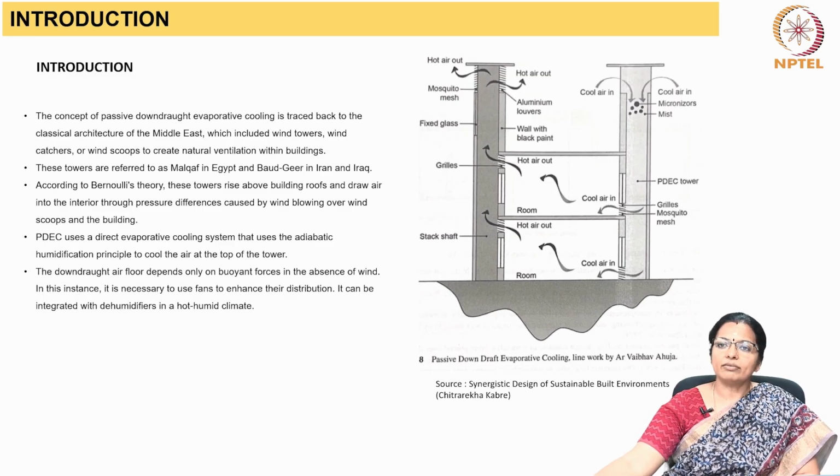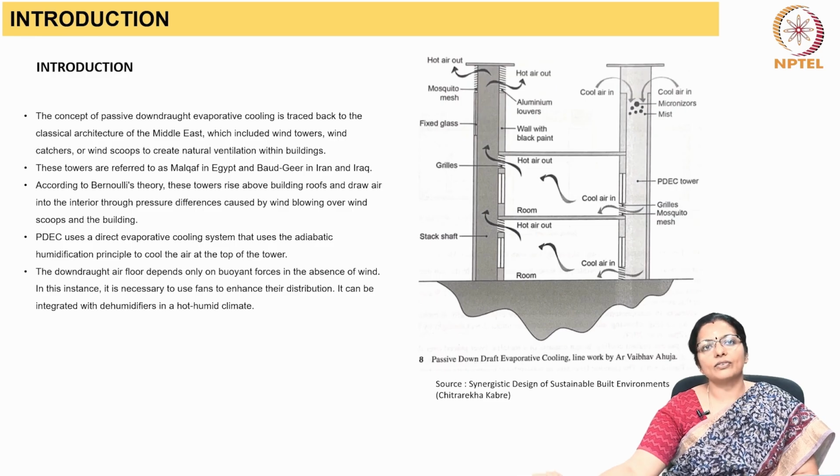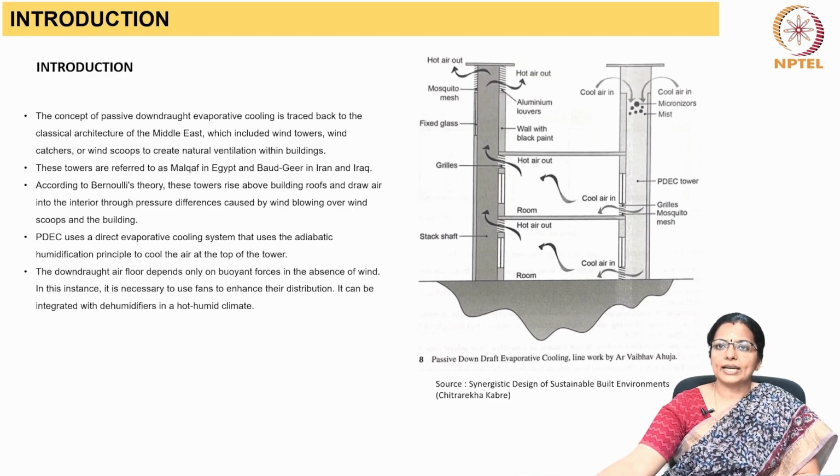The downdraft airflow depends only on buoyant forces in the absence of wind. In this instance, it is necessary to use fans to enhance their distribution. This can be integrated with dehumidifiers if this has to be used in a hot humid climate. Otherwise, it's a technique which is primarily used in dry areas.